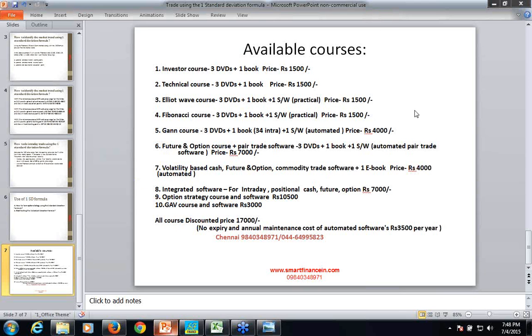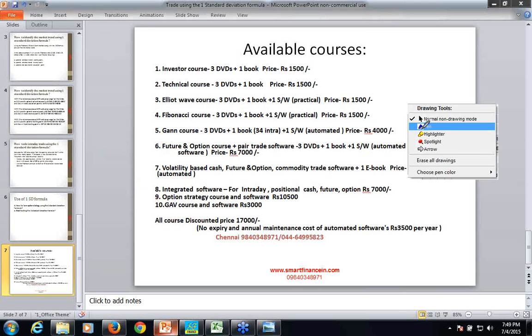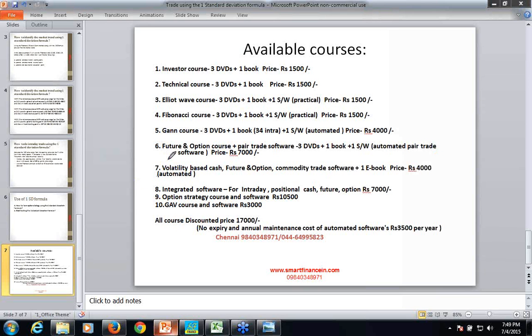Our volatility positional tool, this software's positional tool, and positional option strategy, all these tools are incorporated with this particular concept of our one standard deviation, especially for the option strategy, especially for all positional things.